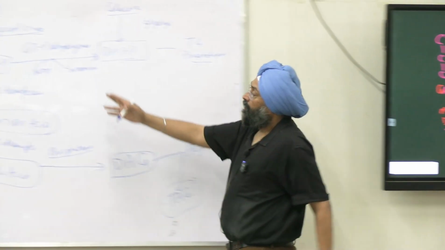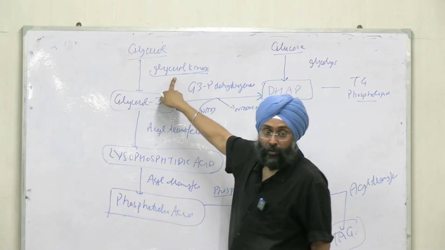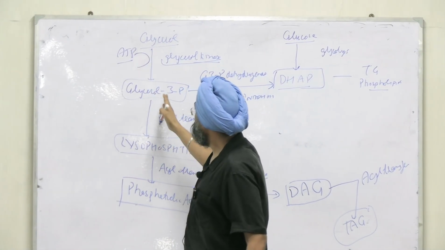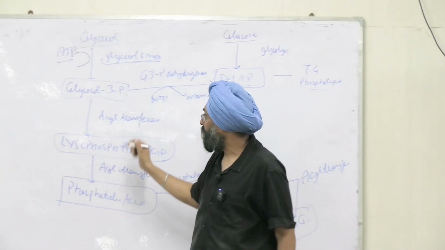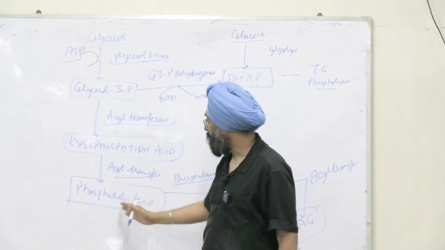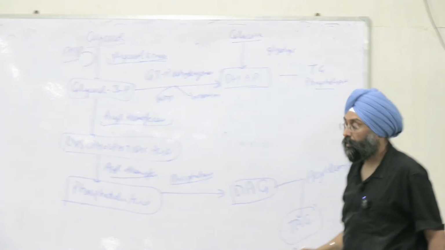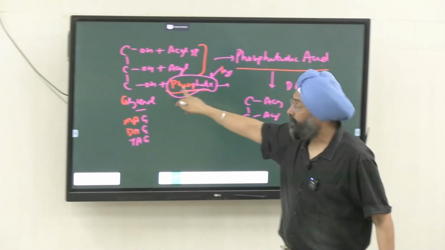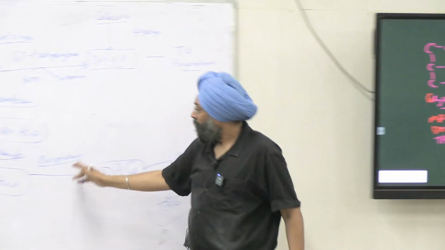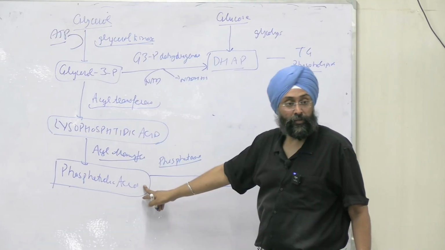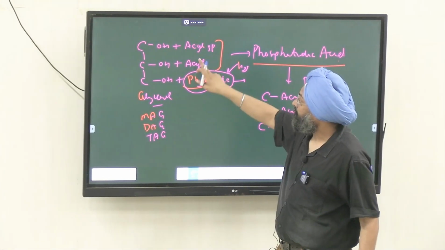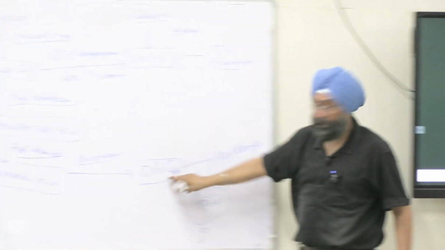Right? Glycerol to glycerol 3-phosphate via glycerokinase, and ADP is added. Glycerol 3-phosphate to lysophosphatidic acid, one acyl group is added via acyl transferase. Again one acyl group is added, it becomes phosphatidic acid. Phosphatidic acid has phosphate at third carbon and two acyl groups. After that we do the phosphatase reaction and remove the phosphate from phosphatidic acid, and it becomes diacyl glycerol.